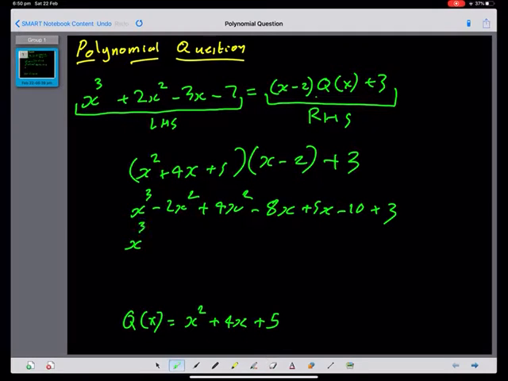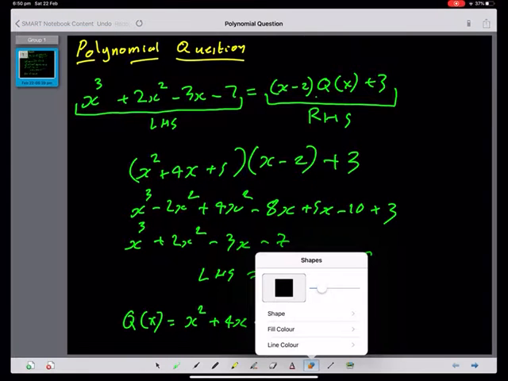So we've got x cubed plus 2x squared, we've got negative 3x, and then we've got negative 7. Okay, so the left hand side is equal to the right hand side. Okay, so that's method 1.